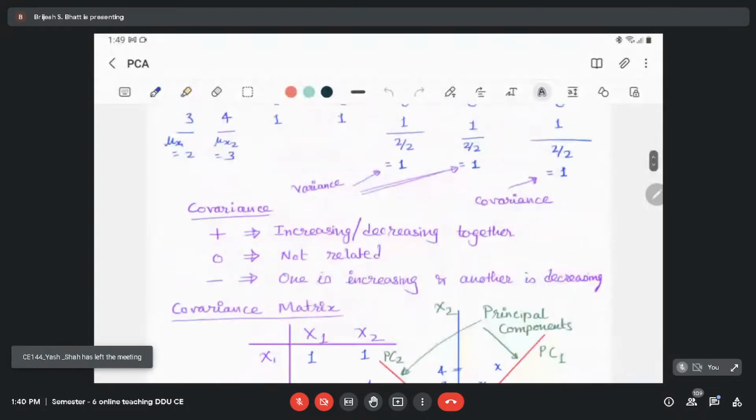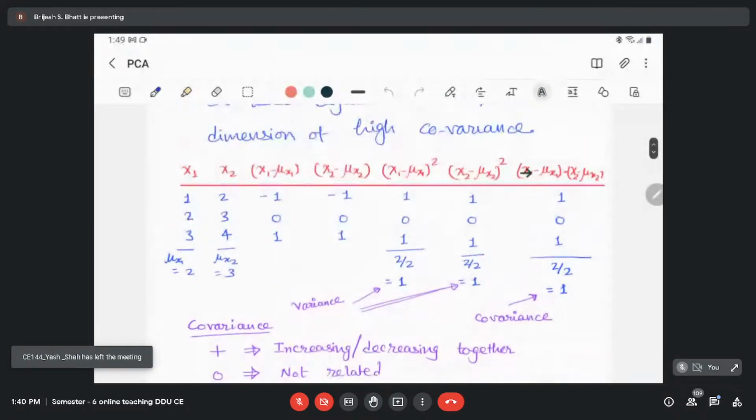And to calculate covariance, we will take x1 minus mu x1 multiplied by x2 minus mu x2. That is called covariance between x1 and x2. It also turns out to be 1 here. And covariance is not directional.